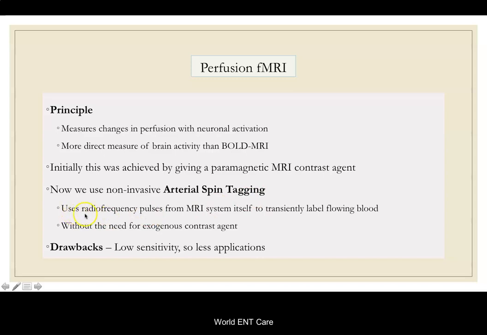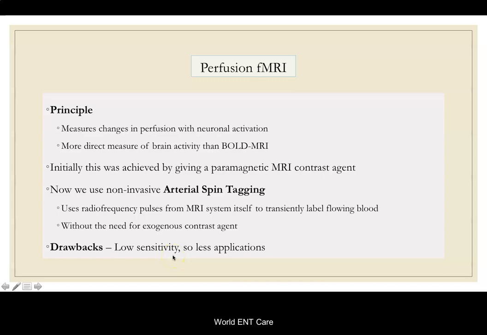Arterial spin tagging uses radiofrequency pulses from the MRI system itself to transiently label flowing blood, so there's no need for an exogenous contrast agent. However, the drawback of perfusion MRI is that it has low sensitivity, so it's used less.